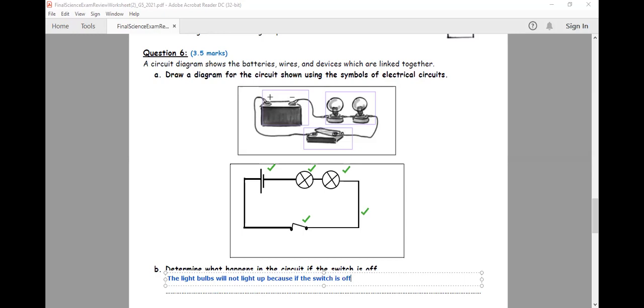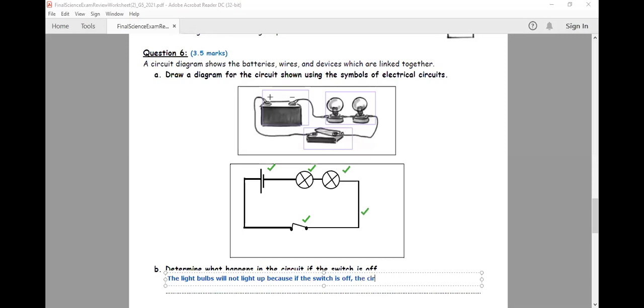Okay. What happens if the switch is off? It will not light up. Why will the light bulbs not light up? Because it's open, so it will be an open circuit.